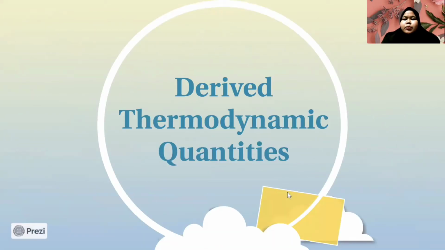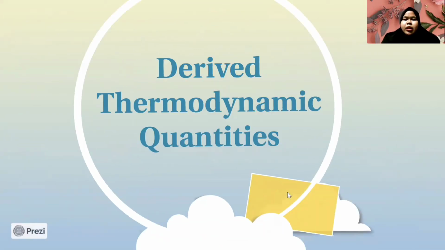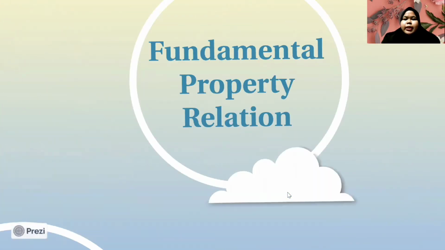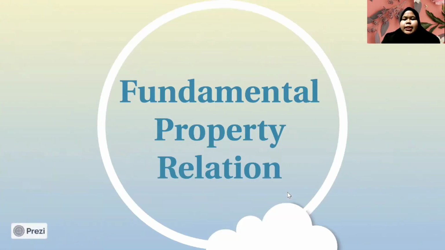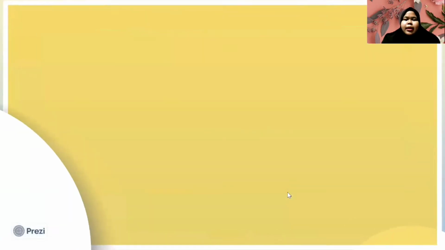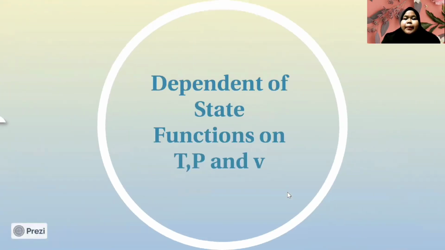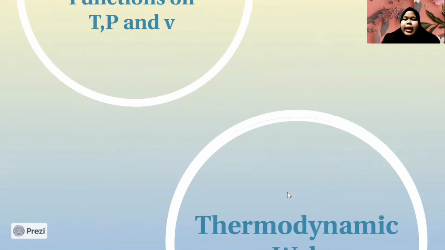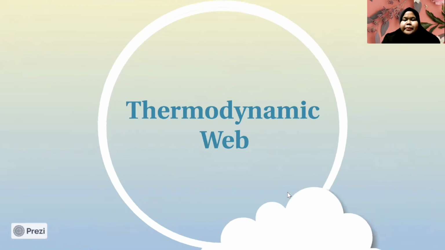Next, derived thermodynamic quantities. We also will explain about the fundamental property relation as well as Maxwell relation. And then the dependence of state function on temperature, pressure, and specific volume. And lastly, the thermodynamic web.